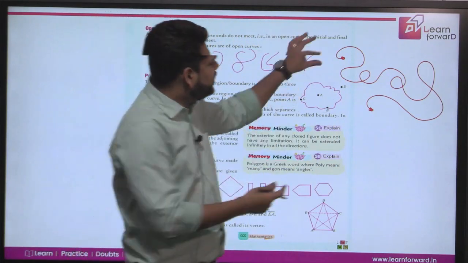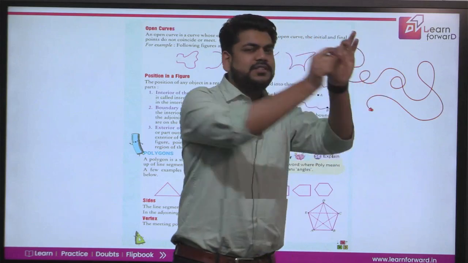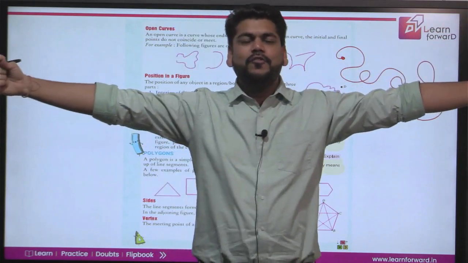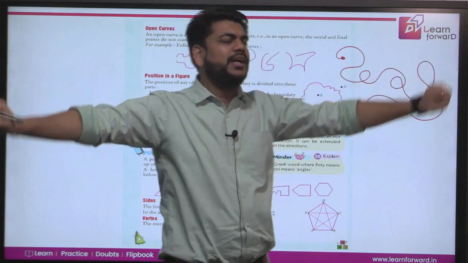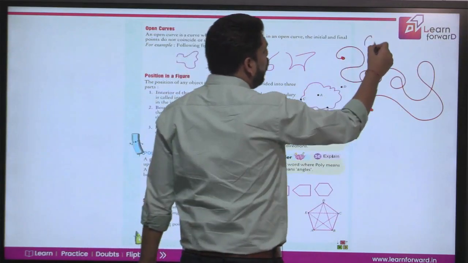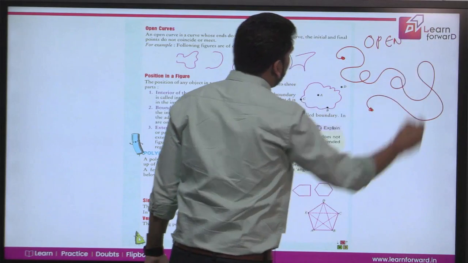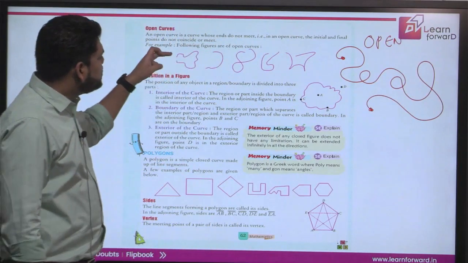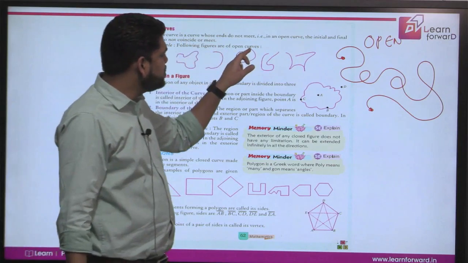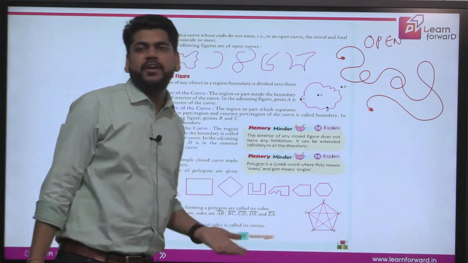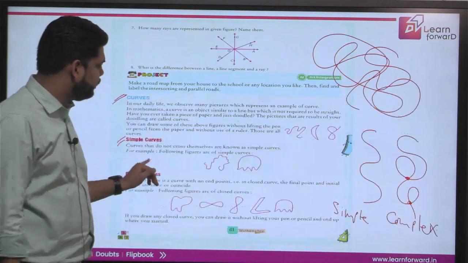If it is a thread, I can just stretch it out and it will form a straight line. If a curve can open into a straight line, it is called an open curve. You can see the examples over here. The starting and ending points are different in all the curves.